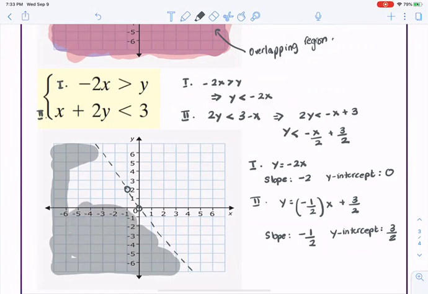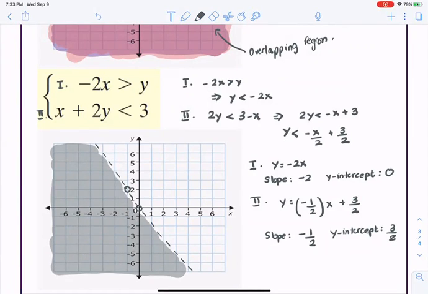We shouldn't include points on the dotted line. That's what a dotted line means. I'm trying really hard to get close to the line, but it's not necessary. This is for instructional purposes anyways.